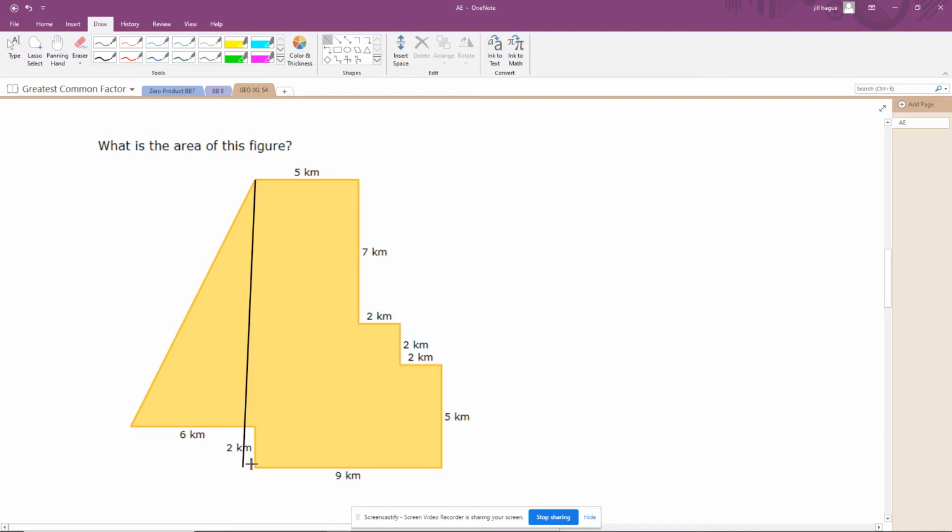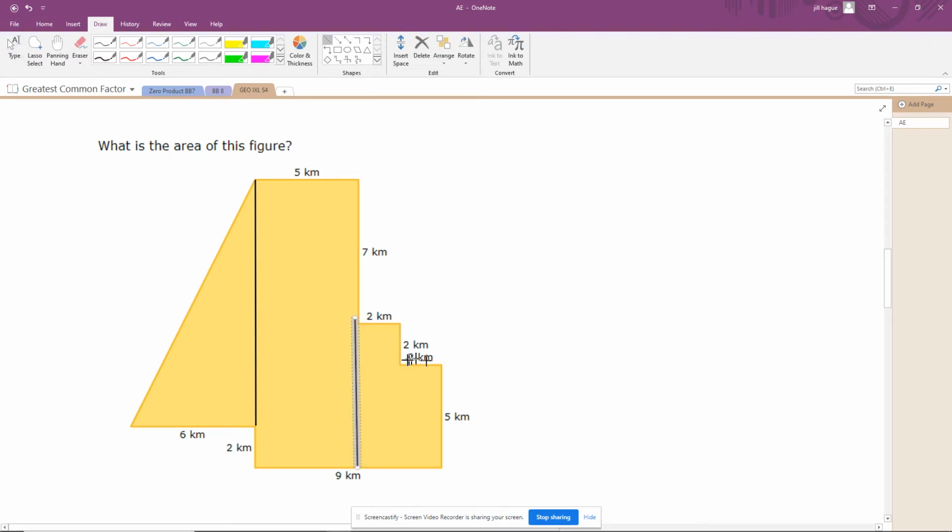I don't know why it's not letting me do a straight line down. There we go, right about there. All right, and then you could break out your rectangles across, okay? Or you can break them the long way, all right? So it really doesn't matter unless you get stuck and you can't figure one out, and then maybe go back and break it out a different way.